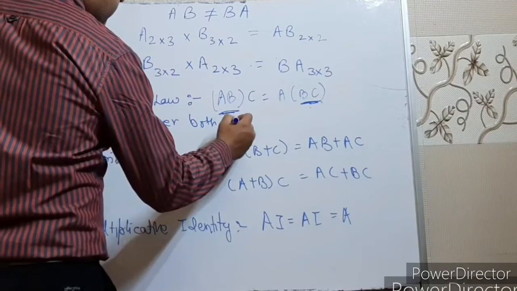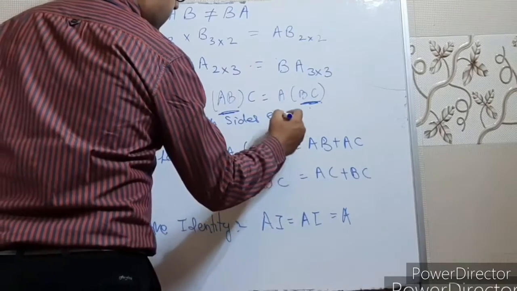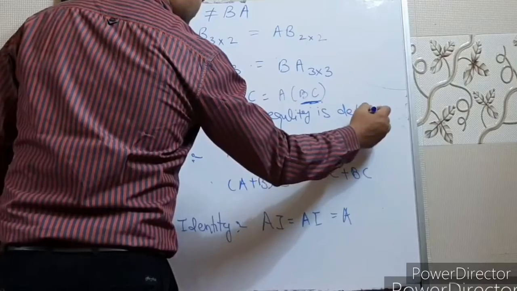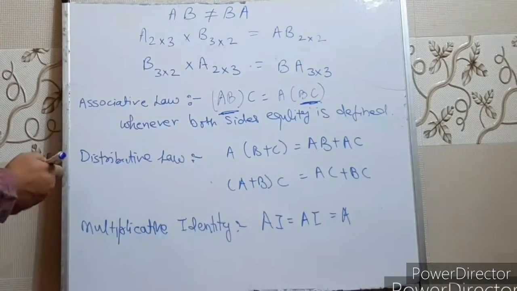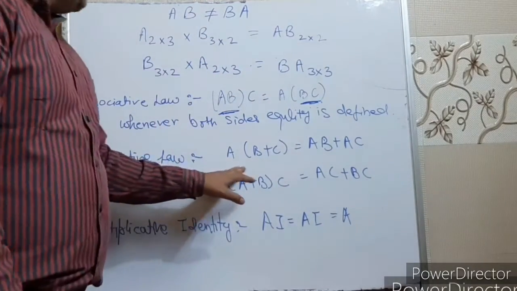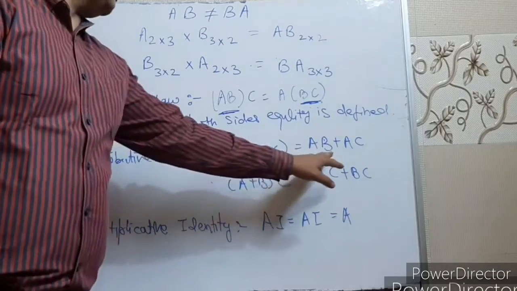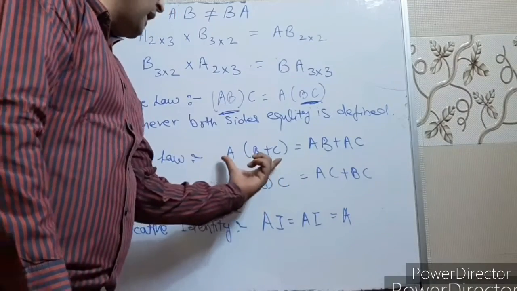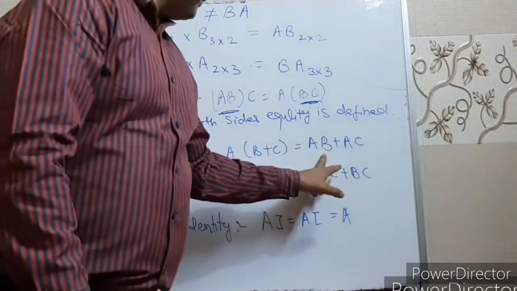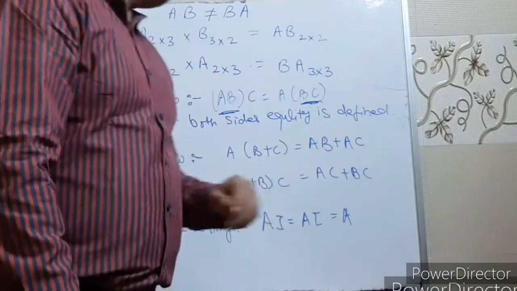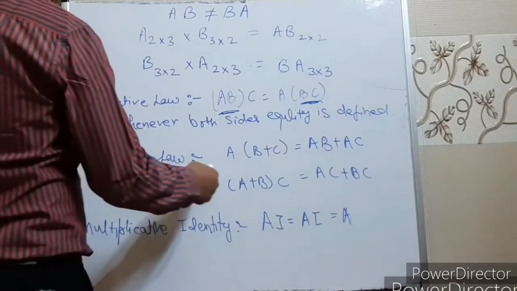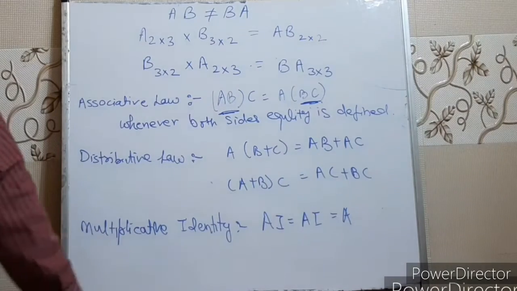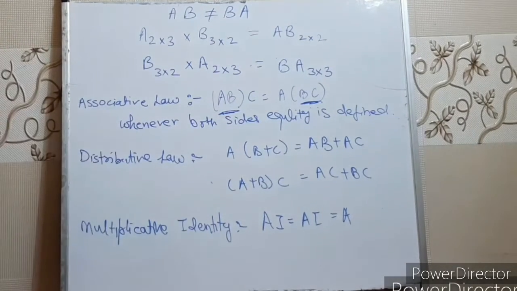Similarly, for the distributive law, A into B plus C can be written as AB plus AC whenever B plus C exists and the product exists. Wherever AB is defined and AC is also defined, only then can we say that these matrices will hold the distributive law.